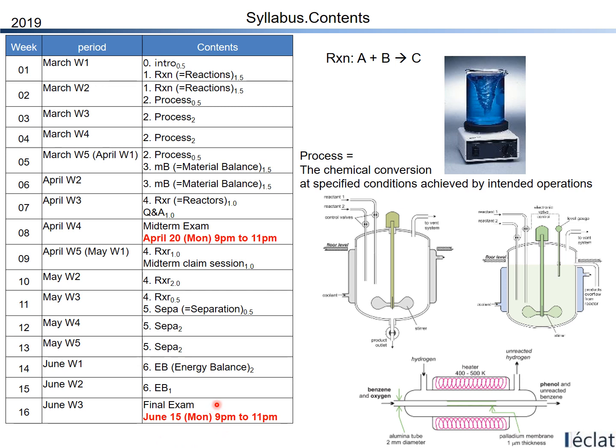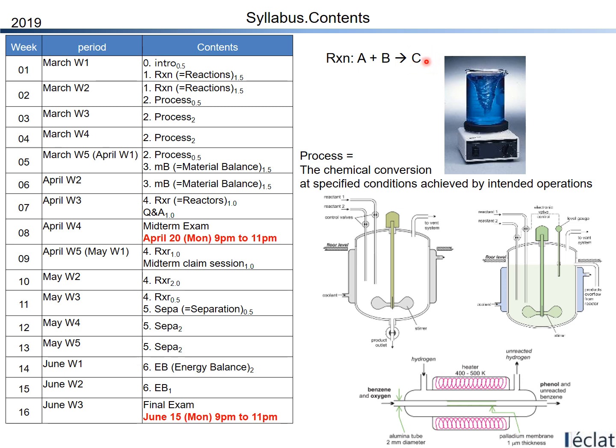Okay, so I'd like to give you a brief idea about chemical engineering, or actually this course, Introduction to Chemical Processes. Reaction is the core concept of this course. Here is a reaction formula: A plus B, the reactants, going to C, which is the product.